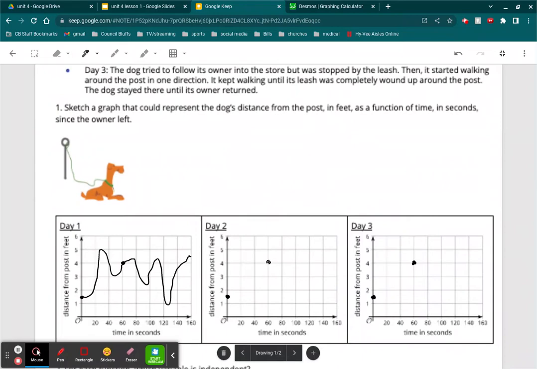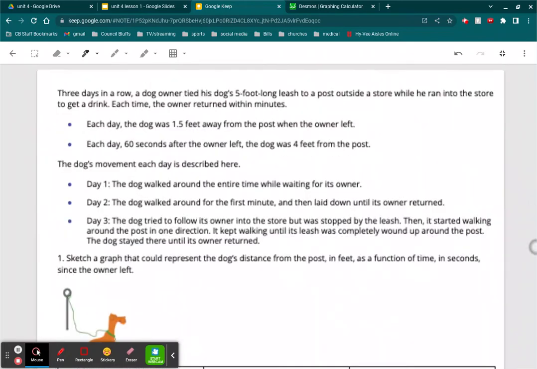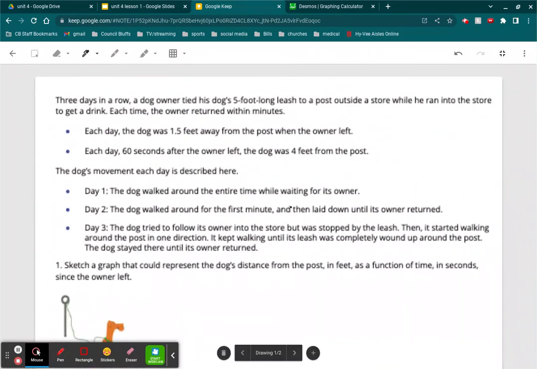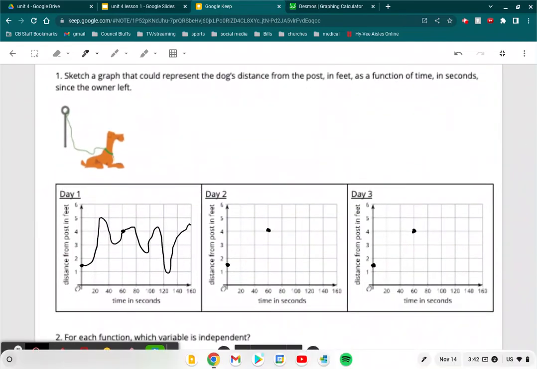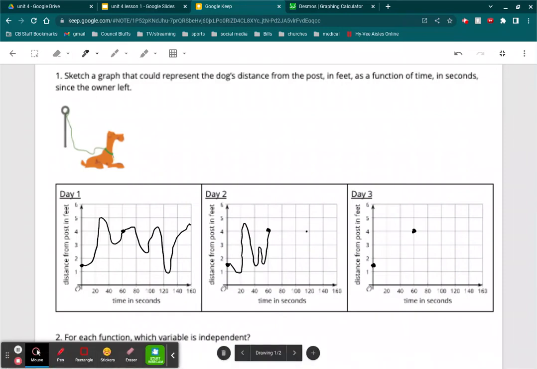And then we know after the minute mark, the dog lays down. So for the first 60 seconds, it's walking around without a care in the world. It's doing its thing. It's going up and down. And then a minute later, it's 4 feet away from the post. And then at that point, it lays down.